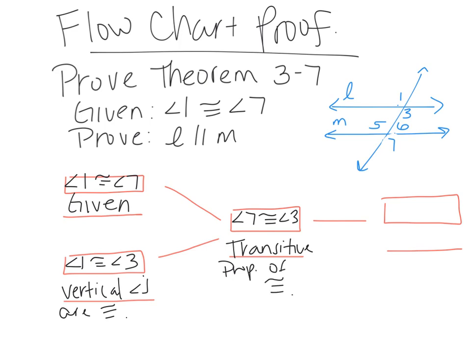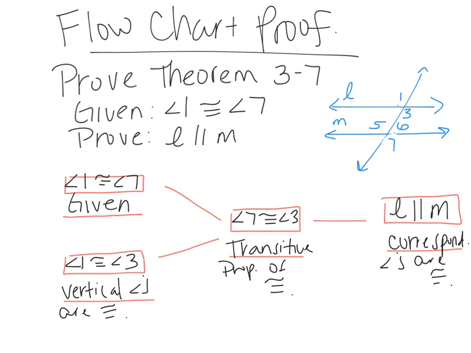And from that, I know that if corresponding angles are congruent, then their lines are parallel. So 7 and 3 are corresponding. I know that line L is parallel to line M because corresponding angles are congruent. So there's my flow chart.